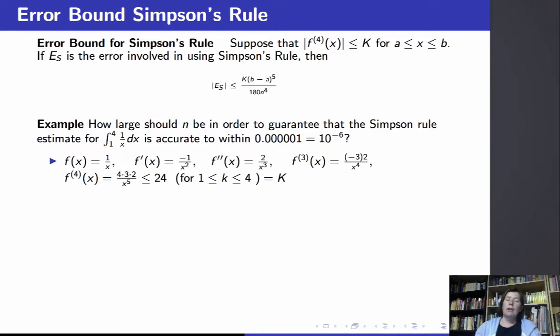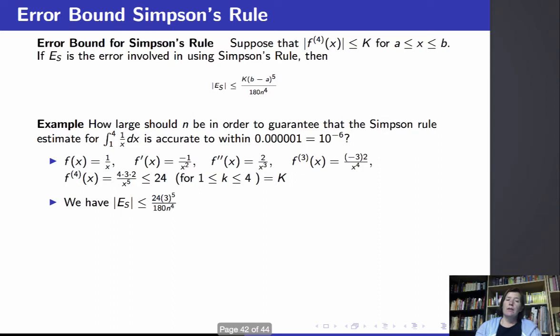And now we would like our error to be less than or equal to 10 to the minus 6. We know that whichever n we choose, our error will be less than or equal to 24 times 3 to the 5 over 180 times n to the 4.